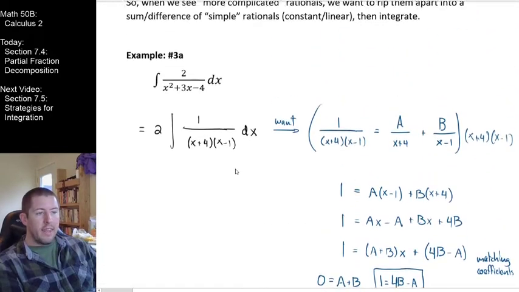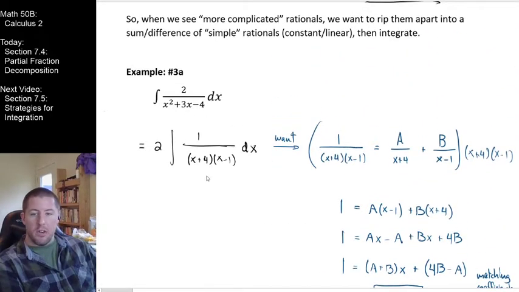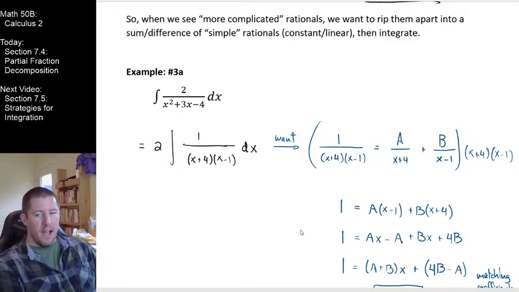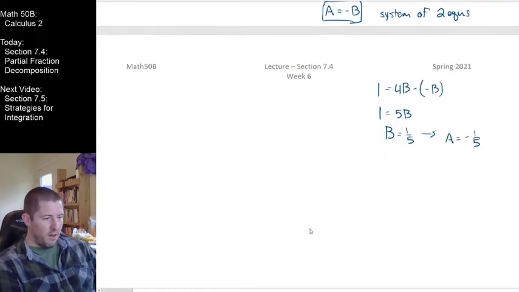And so I can come back now to my integrand. I now have a way to rewrite my integrand as the sum of 2 rationals with linear denominators rather than a product of 2 linear denominators. And this is good for us for our solving here.